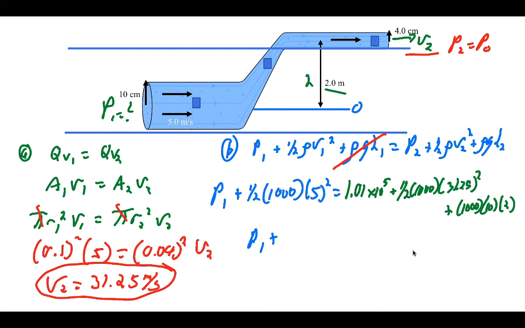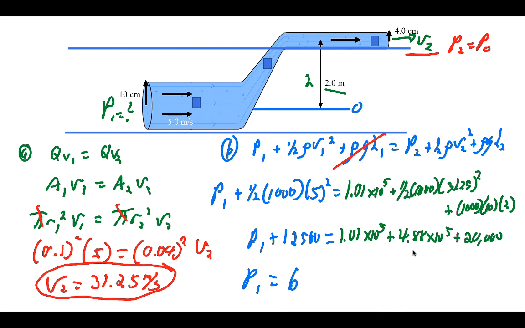That's my height. So that gives me my pressure plus 12,500 equals 1.01 times 10 to the 5th plus 4.88 times 10 to the 5th plus 20,000, which gives me a pressure at location 1 of 6.22 times 10 to the 5th pascals, or about 622 kilopascals.